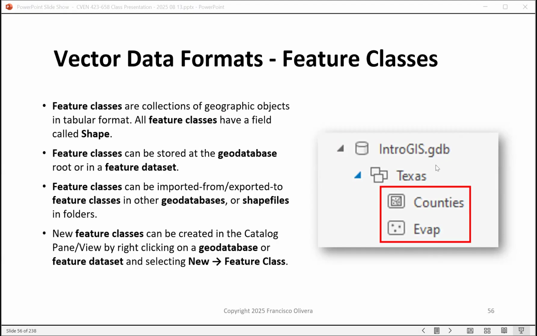We haven't talked yet about feature datasets, but feature classes are just another way of storing vector data. In the same way that you can store vector data in WordPerfect, or you can also store it in Notepad. Each format has advantages and disadvantages. You can also store vector data in shapefile format or also feature classes.